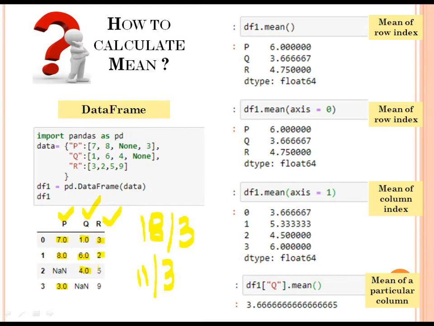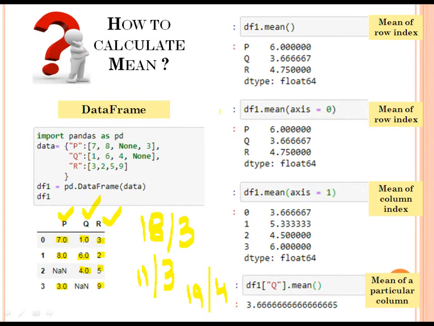So we have to add all the 4 values: 9 plus 5 plus 2 plus 3. So the answer is 19. Then 19 is, children, divided by what? 19 is divided by 4. Okay, and you will get 4.75000. So this is the mean. Clear? So the mean function also never includes the NaN values into account.